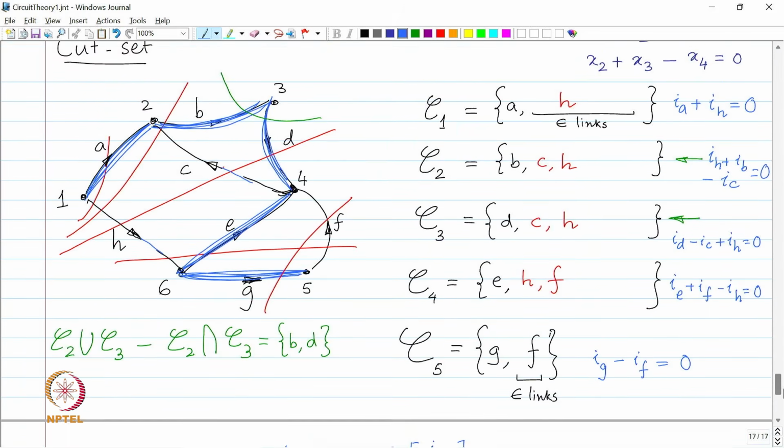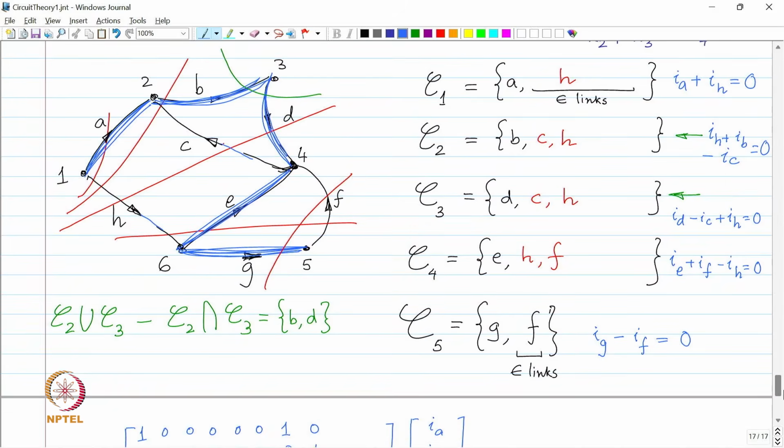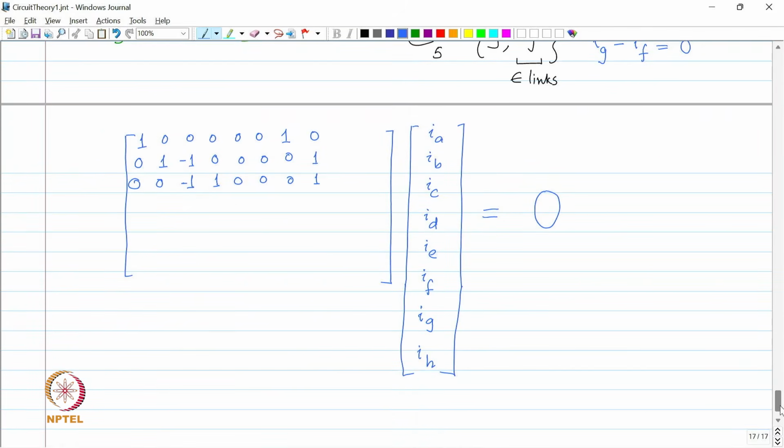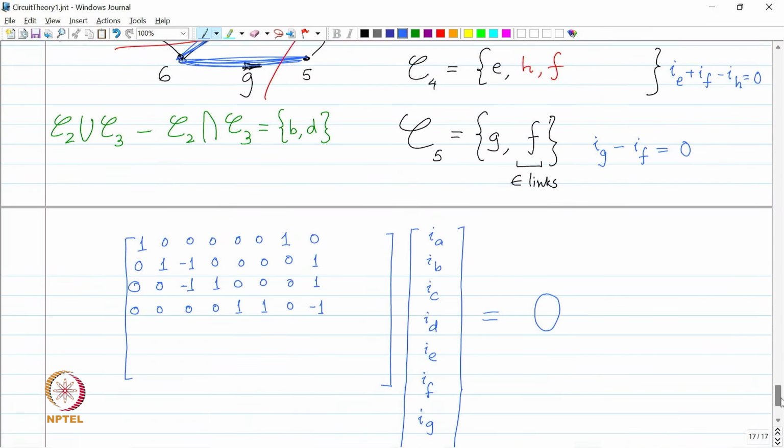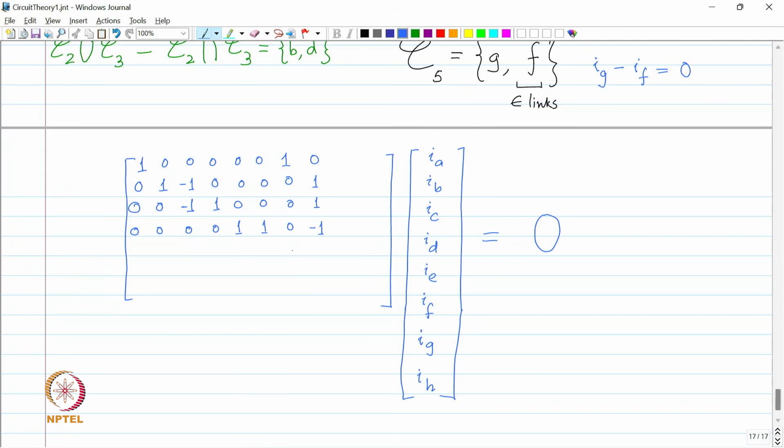Cut set number 4, I e plus f minus h. Cut set number 5, g minus f.